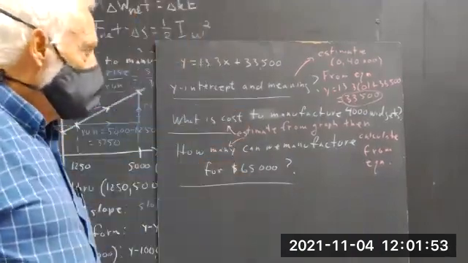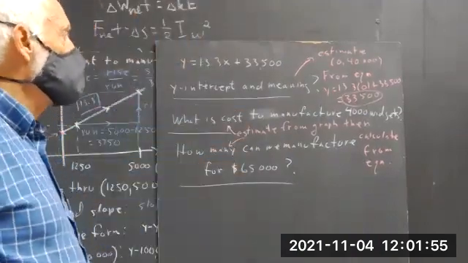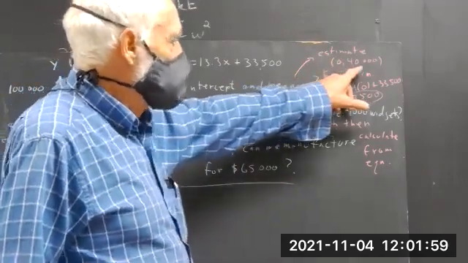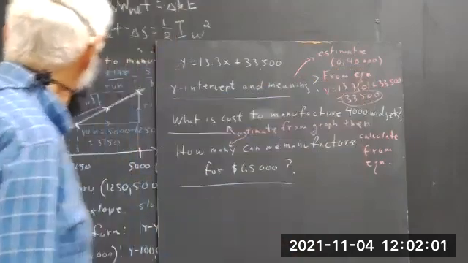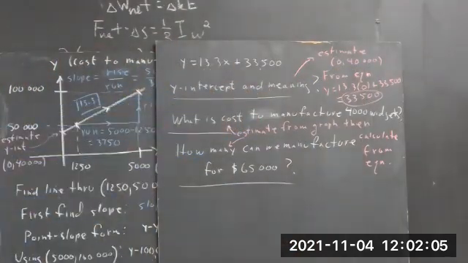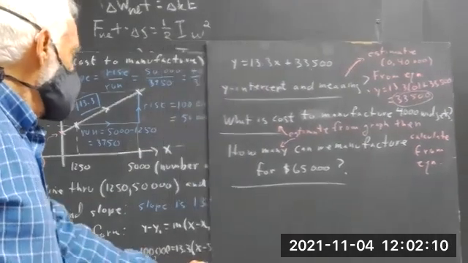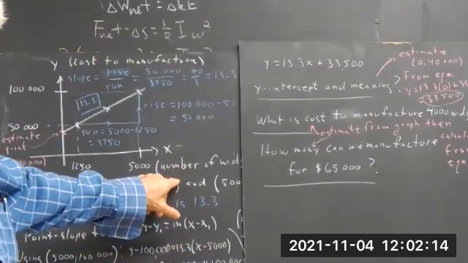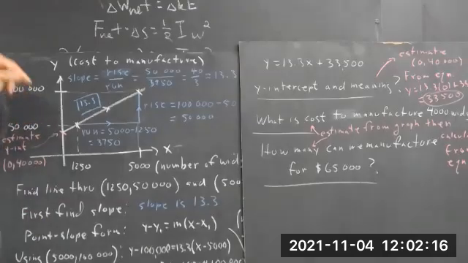Now, what's the meaning of the y-intercept? So the point (0, 40,000) would indicate, well, x is 0 and y is 40,000, right? And x is 0, what's the meaning of x again? X is your number of widgets, right? So 0 widgets cost $40,000.